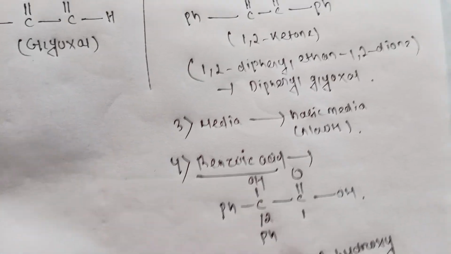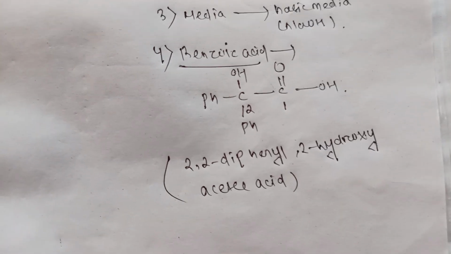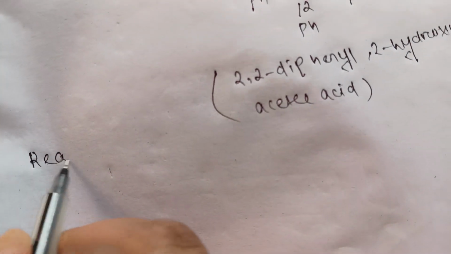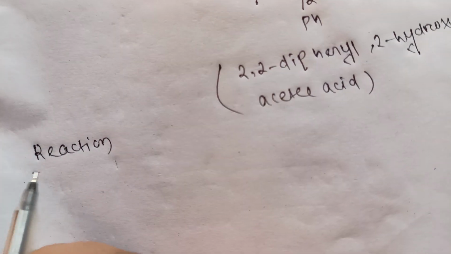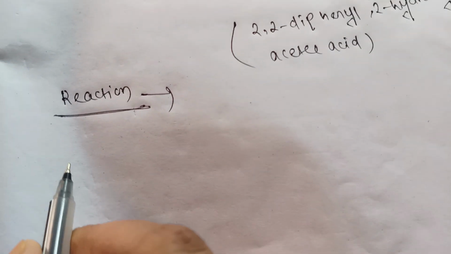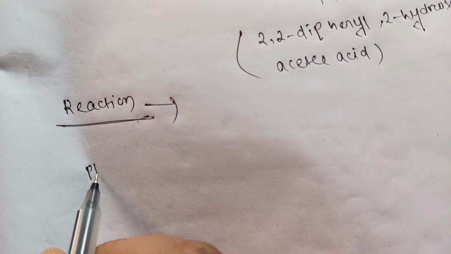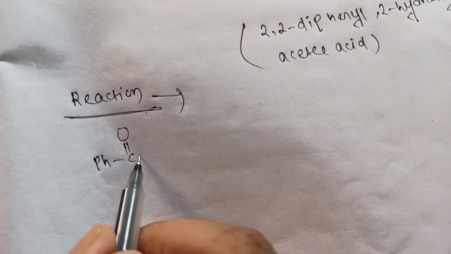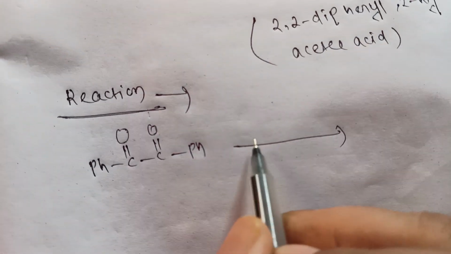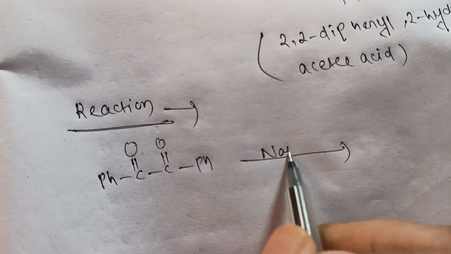Okay, now let's see the general reaction. The general reaction is like this: benzil. Draw the structure of benzil, C double bond O, C double bond O, phenyl, in presence of basic media NaOH.